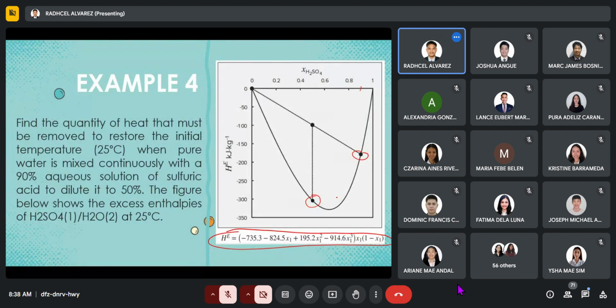Okay? Ayan. So, pakikopya ng equation kasi gagamitin natin yan mamaya. Ayan, kopyahin nyo muna yung equation. Okay, nakopya nyo na? Pa-heart react kung nakopya na.